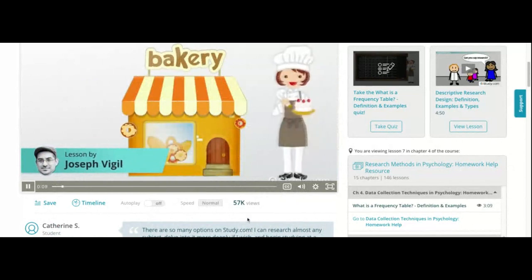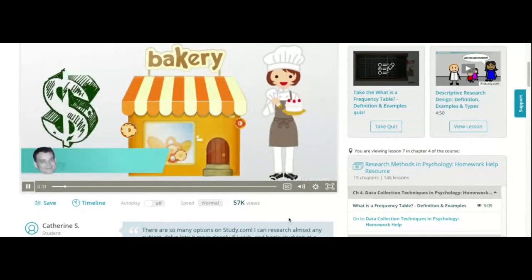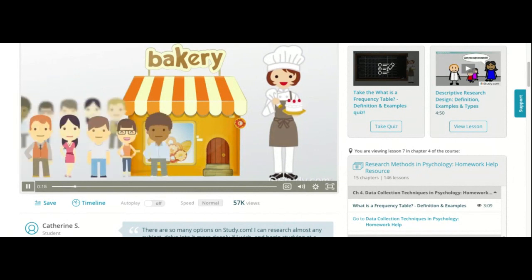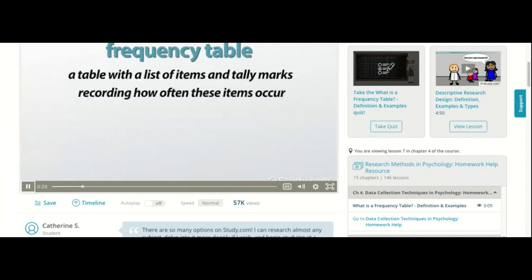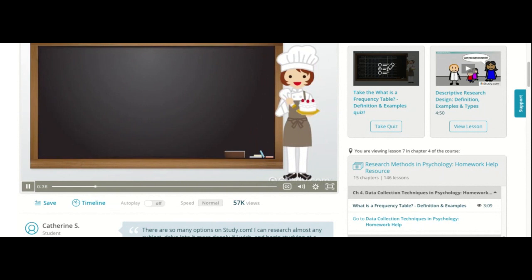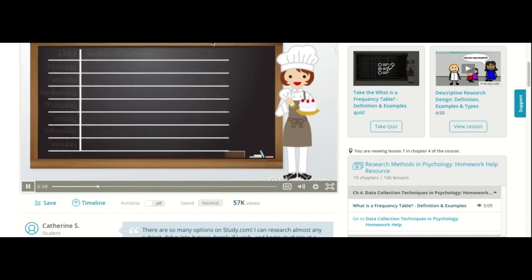Sue runs a bakery and is trying to cut costs, so she needs to know on which days she can afford to have fewer employees working. In order to figure this out, she needs to know how many customers make a purchase each day. A good tool for Sue to use would be a frequency table, which is a table with a list of items and tally marks recording how often these items occur. For example, since Sue needs to know how many customers make purchases on a daily basis, she could set up a frequency table by days.